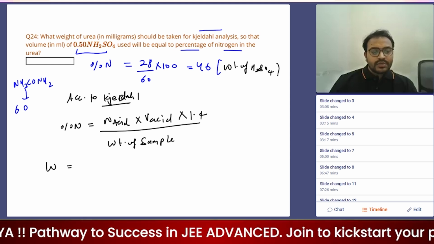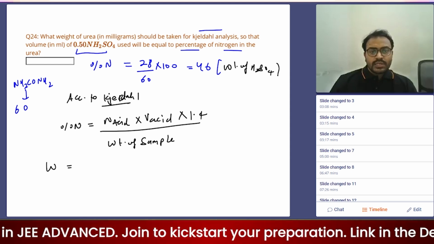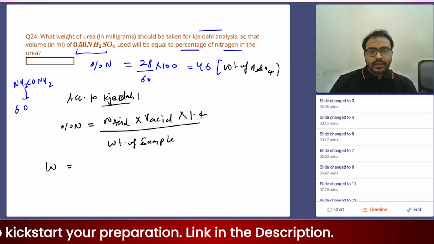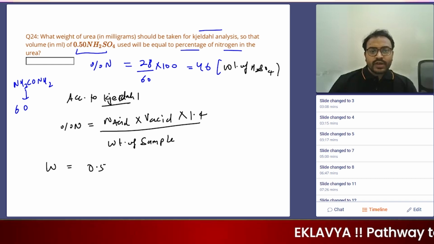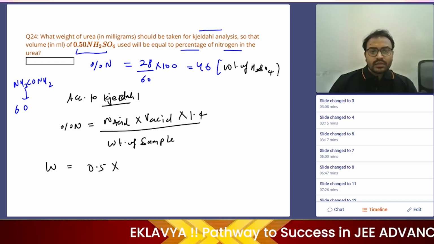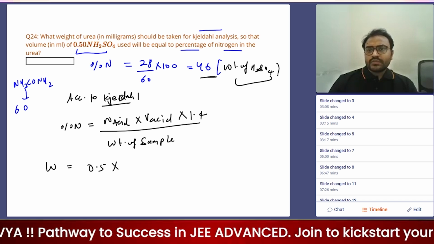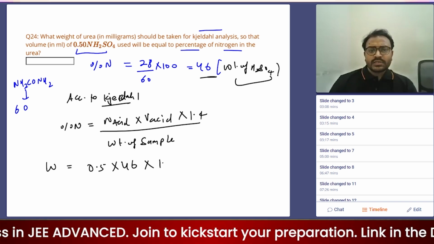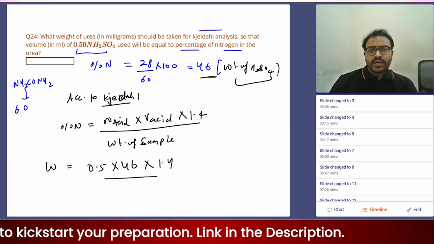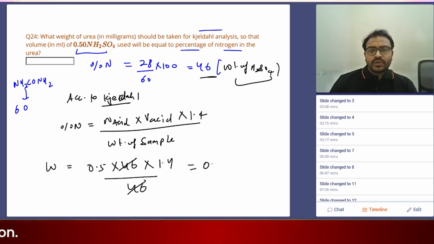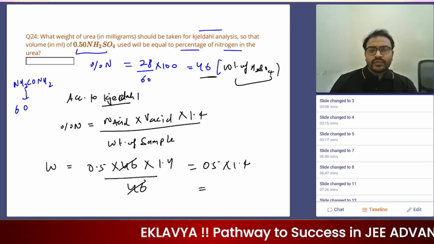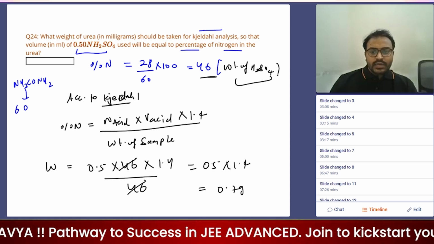Weight of sample will be equal to normality of acid, which is given as 0.5, multiplied by volume of acid, which is 46, into 1.4 divided by percentage of nitrogen. We got 46, so 46 and 46 will get cancelled. So 0.5 multiplied by 1.4, this value we are getting is 0.7 gram.